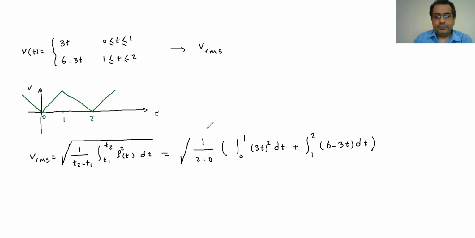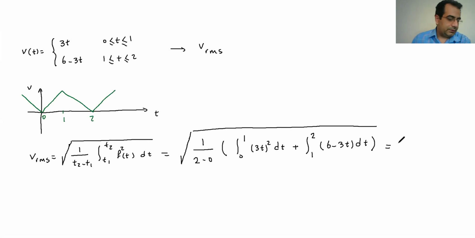This is how we go, because it's not sinusoidal I have to use this, and because it's going between 0 and 1 and then 1 to 2, I break it into two integrals. Then you can plug this into your calculator, or you can do it by hand, any way that you want to solve that, but probably the best way is to learn how to plug it into your calculator.